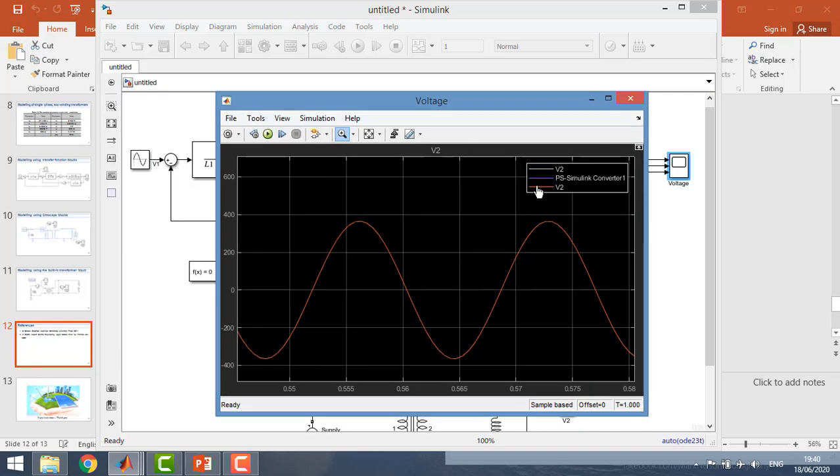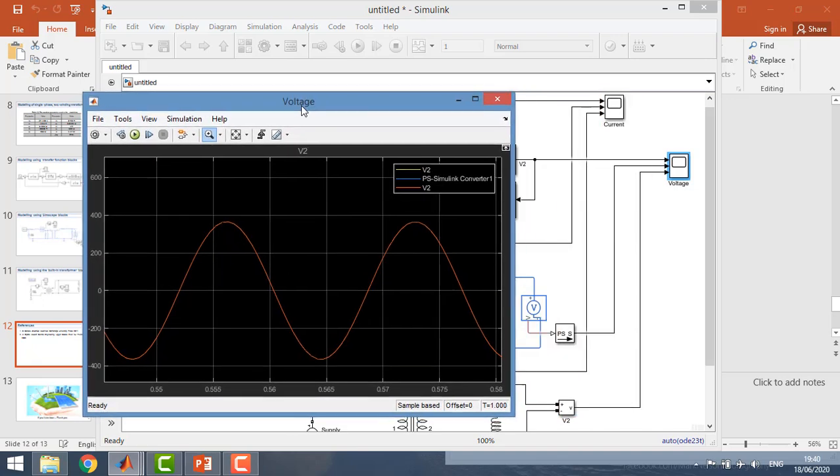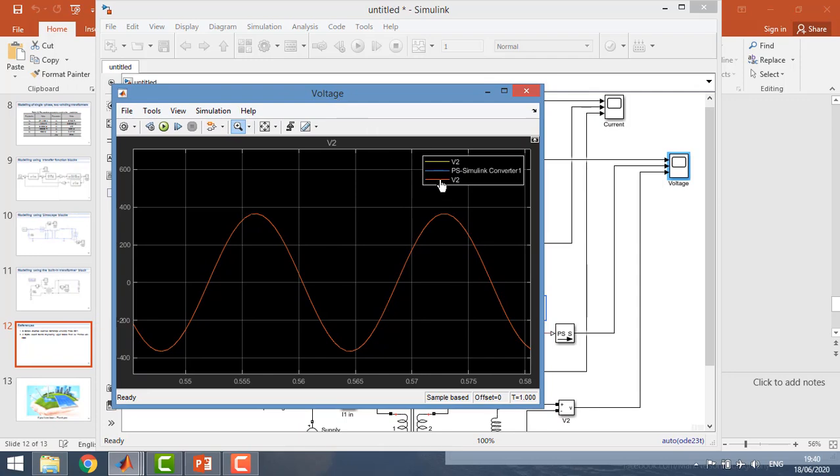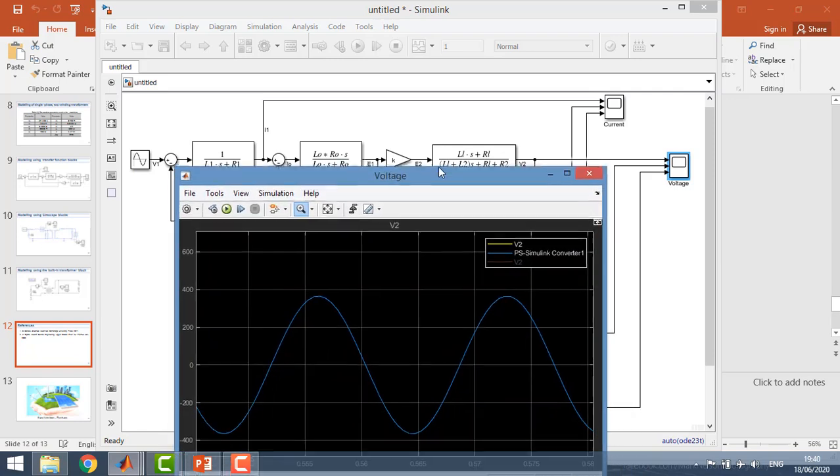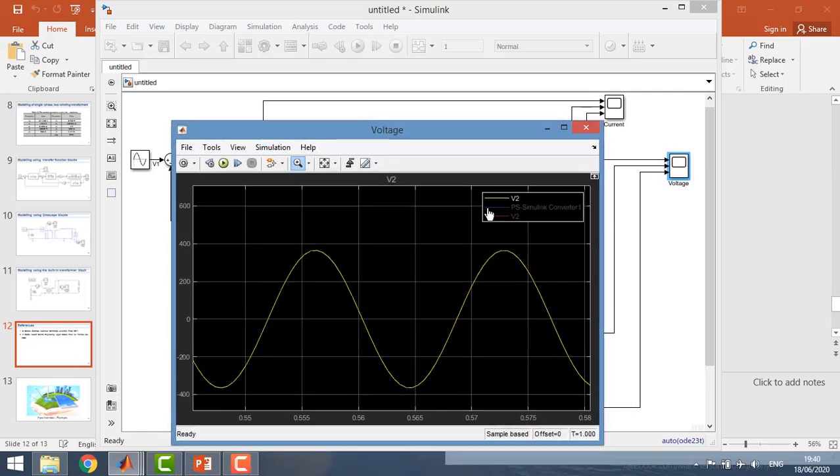The dark orange is coming from the third model, the blue one is coming from the second, and the yellow one is coming from the first model.